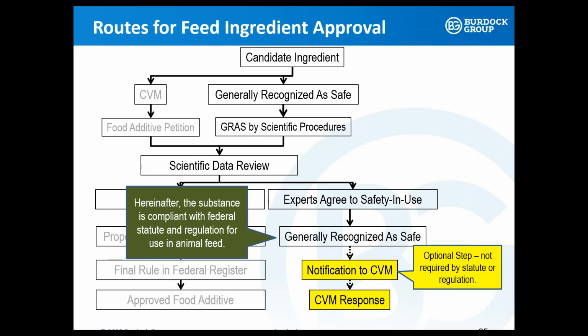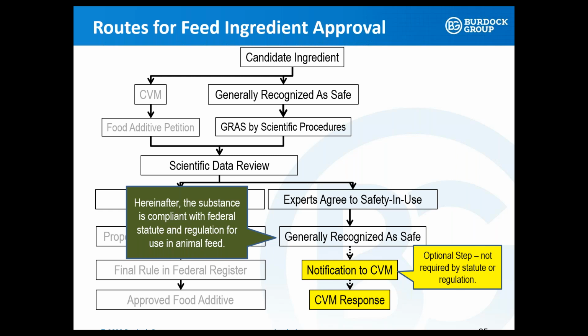Okay, moving on. So let's look at the process like we had earlier with the previous FAP. Once again, there's two paths that are federally recognized. There's general recognition of safe and FAP. The one we're going to talk about is GRAS by scientific procedures, because the other one, which is history of use, is very difficult to find for animal feed.